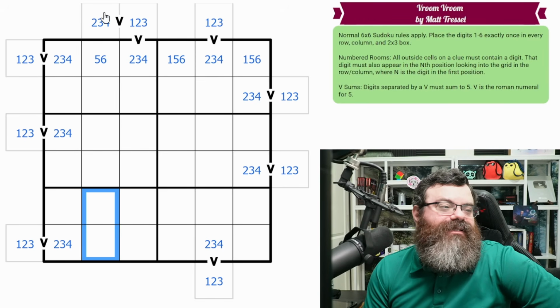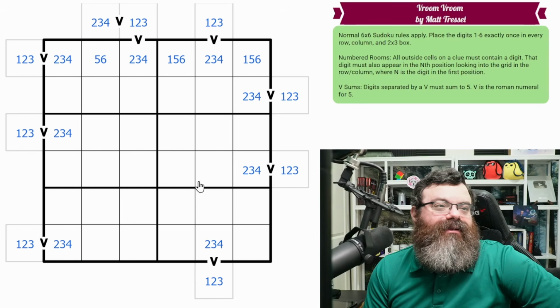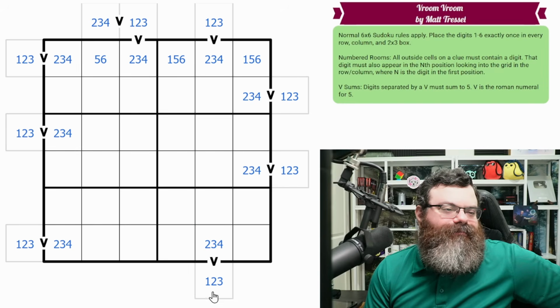So down here is this 2, 3, 4. I wonder if I can color our V's in any way. It's tough because they all go off the grid. Where is it? What's our step here?